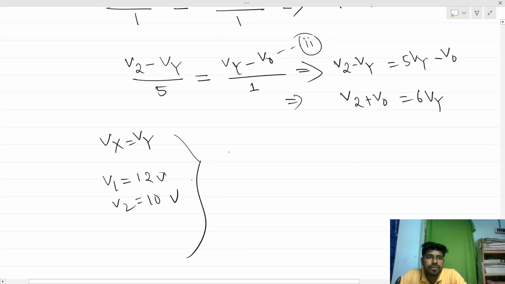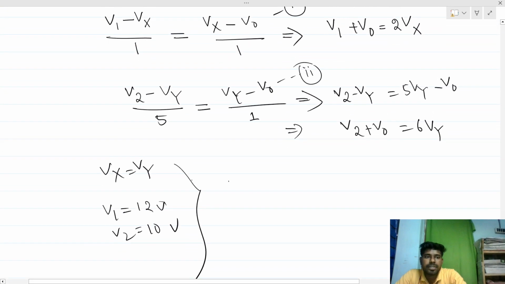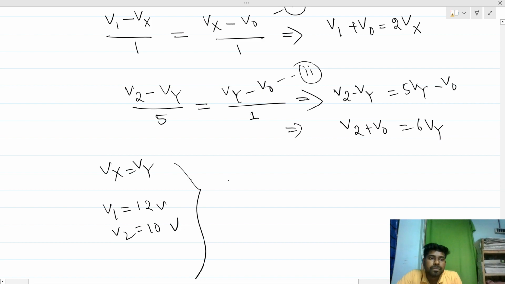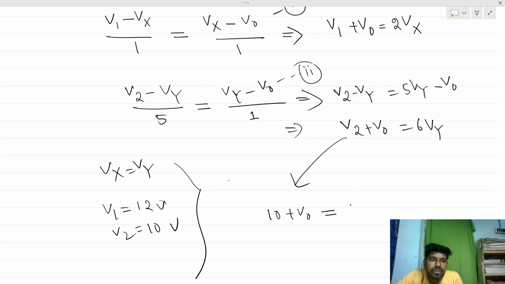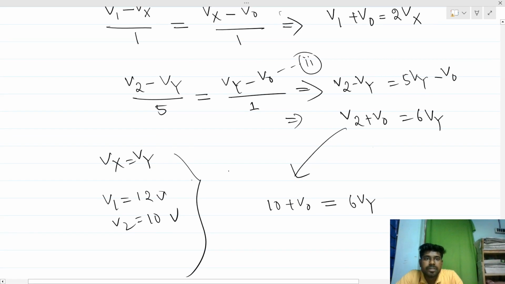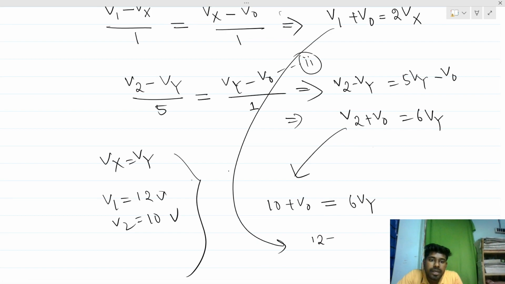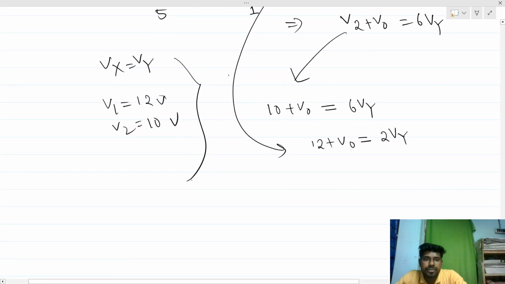So if I do some calculations, from this equation, 10 plus V out will be equal to 6 Vy, and from this equation, 12 plus V out will be equal to 2 Vy, as Vy equals Vx, right?